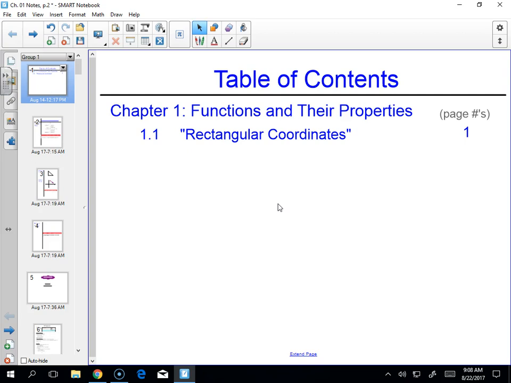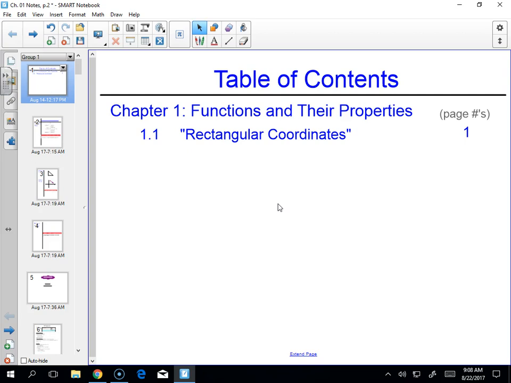I want you to keep track of the section numbers and the section titles for each section that we do in notes. And then over here on the far right, those of you doing college ruled, wide ruled, you might be able to use your pink guidelines to help you organize a little bit. But I do want you to put a page number.